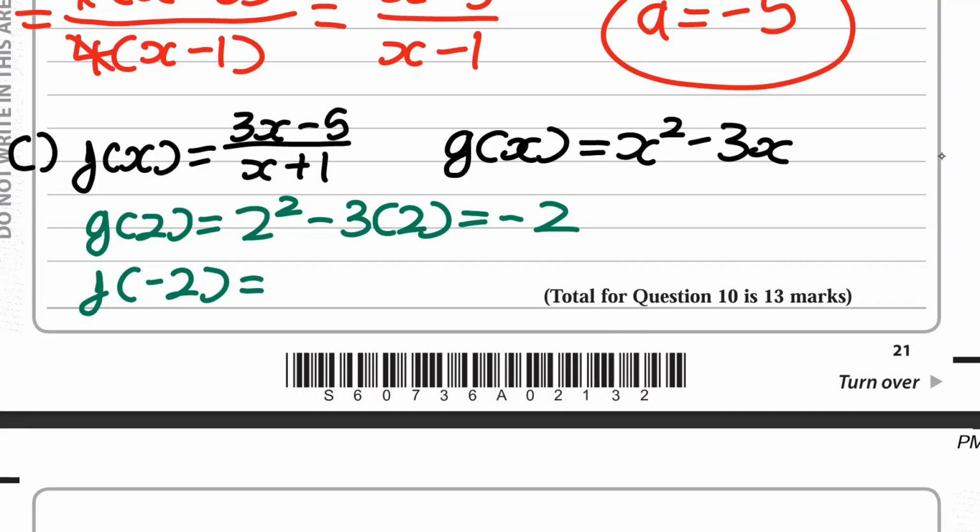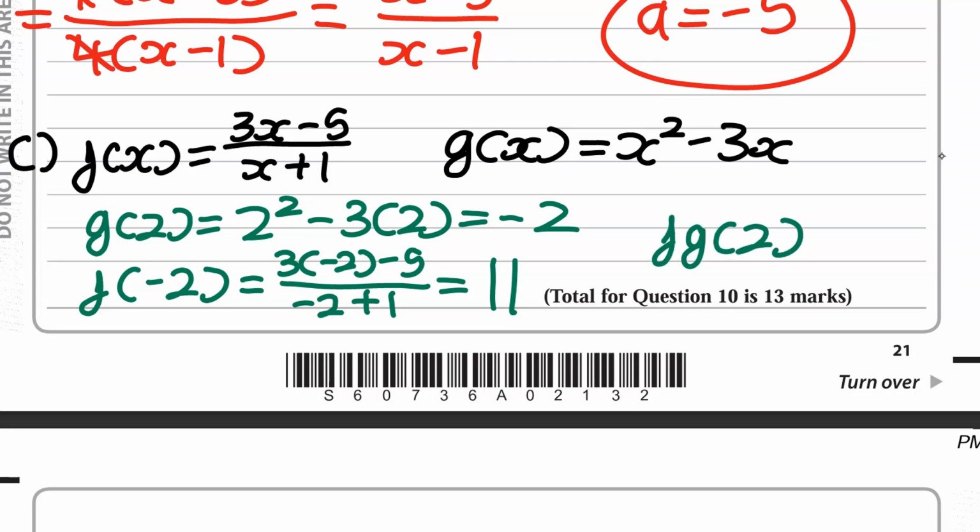So this is going to be equal to 3, and then instead of x it's minus 2, and then minus 5, and this is over x, so minus 2, and then plus 1. If you put this into your calculator, it's equal to 11. So therefore fg of 2 is equal to 11, and this is the final answer.